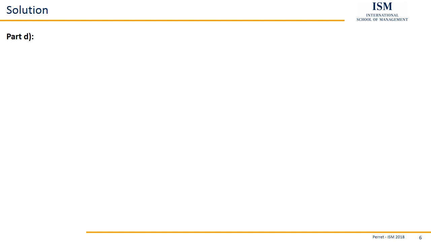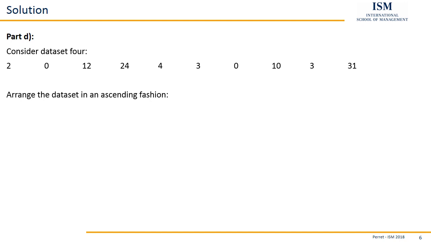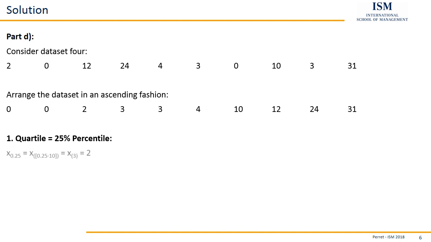This has been the first half of the exercise. Part D, well, nothing changes so much. We have the data set and order it in ascending order. Start with the first quartile. Here we again have 10 observations, so again 25% times 10 is 2.5, rounded up as 3. At the third position, we find the 2.